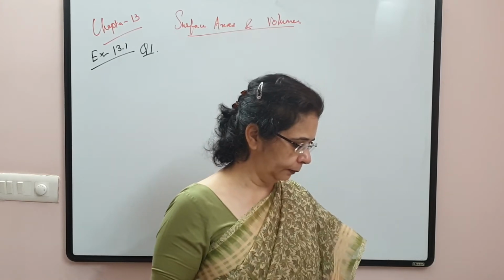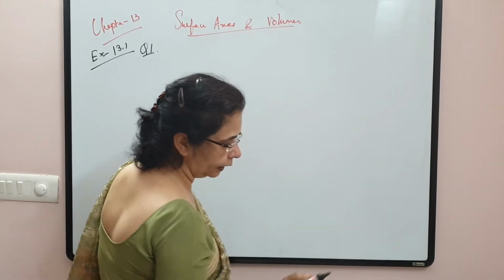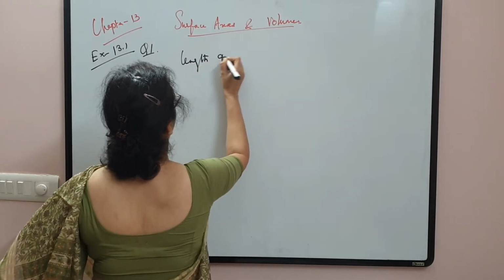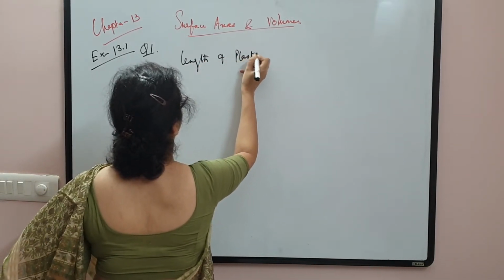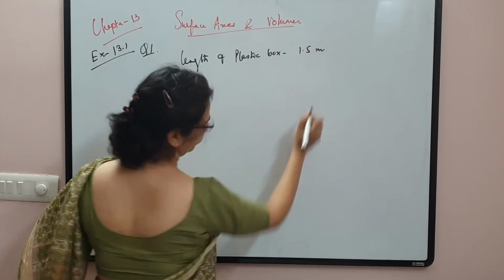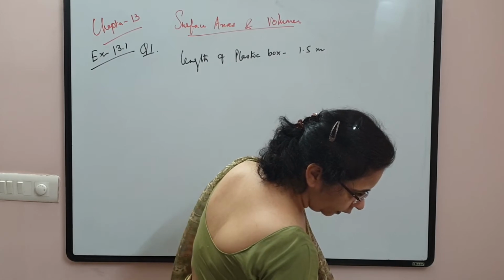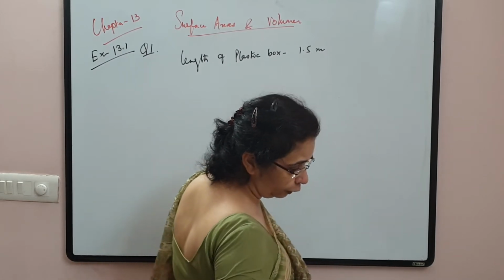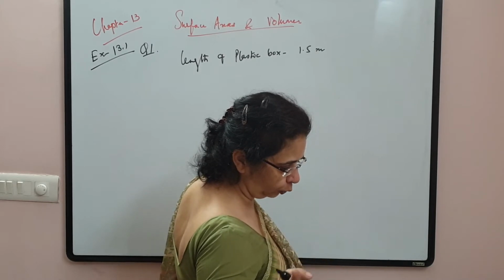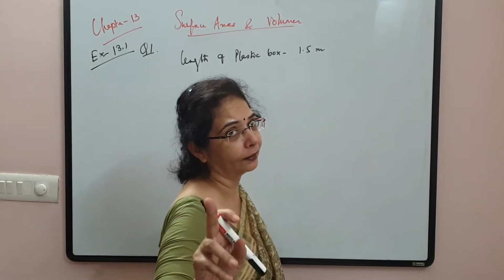The plastic box dimensions are: the length is given as 1.5 meter. Length of plastic box, 1.5 meter. Breadth is, see they've given you long means length 1.5 meter, then they've given you 1.25 meter wide, that is breadth.